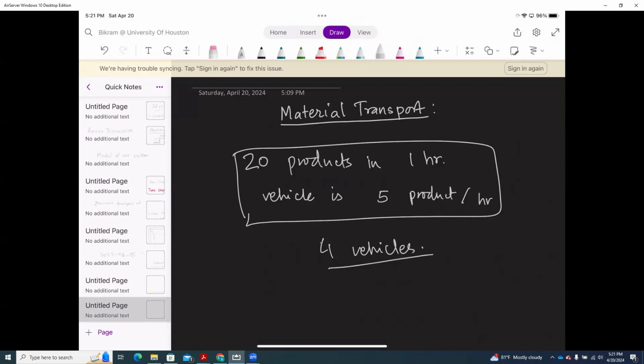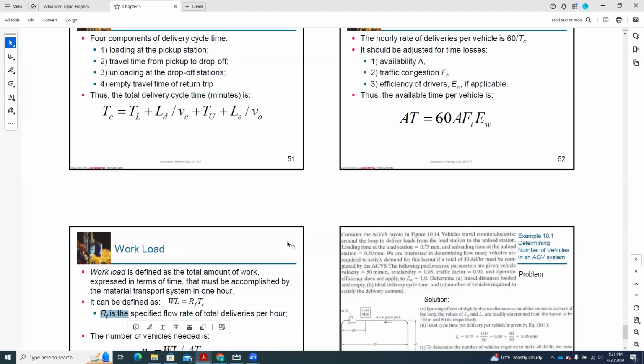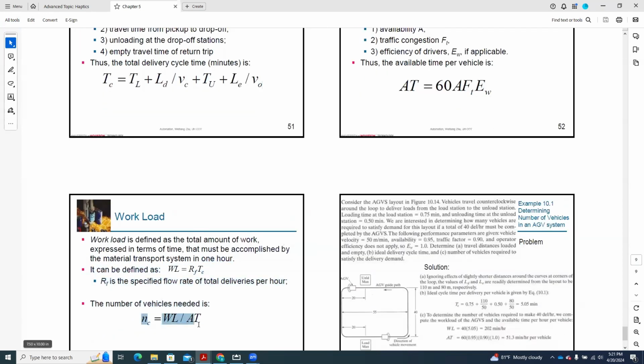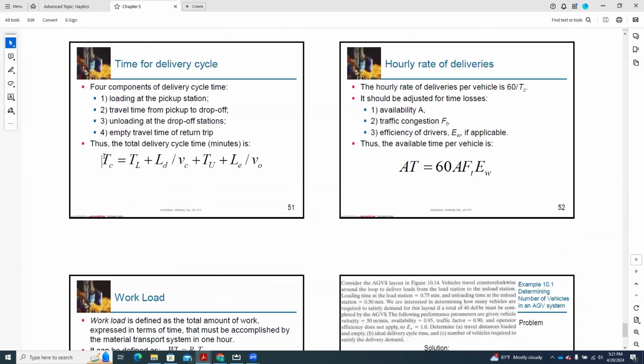So sometimes we don't have to use the available time to find out the number of vehicles, but all of those will be given in the question. So you will know when to use this available time formula, or when to directly go from here and use these. All right, so these are the formulas.